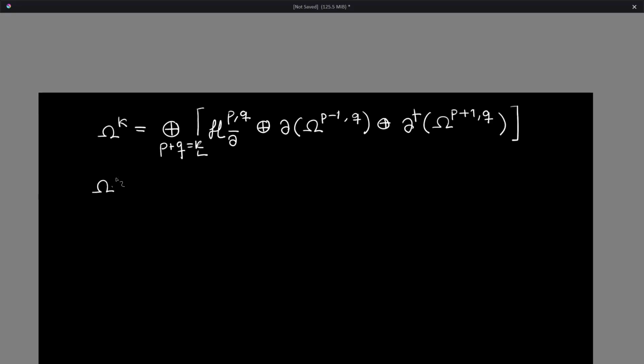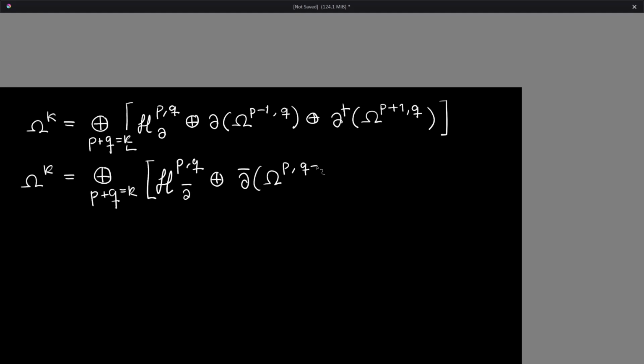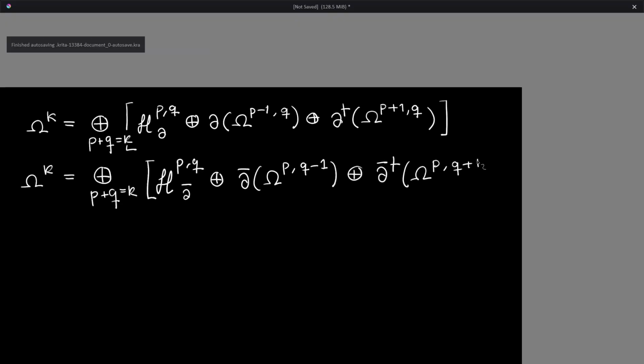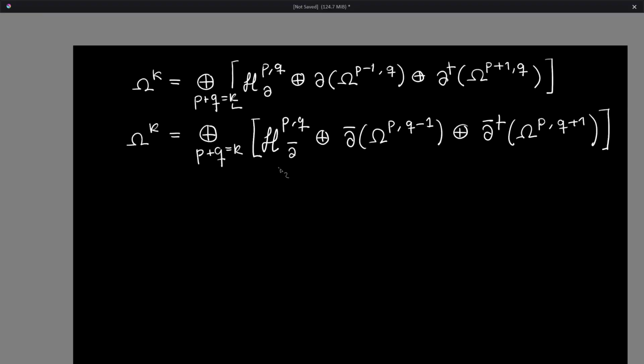Or you can write it as Omega^k equals the sum over p plus q equals k of harmonic (p,q) forms with respect to partial bar, plus partial bar Omega^(p,q-1), plus partial bar dagger Omega^(p,q+1). Oh, I think this should actually be a partial. These are the two independent ways of writing them.